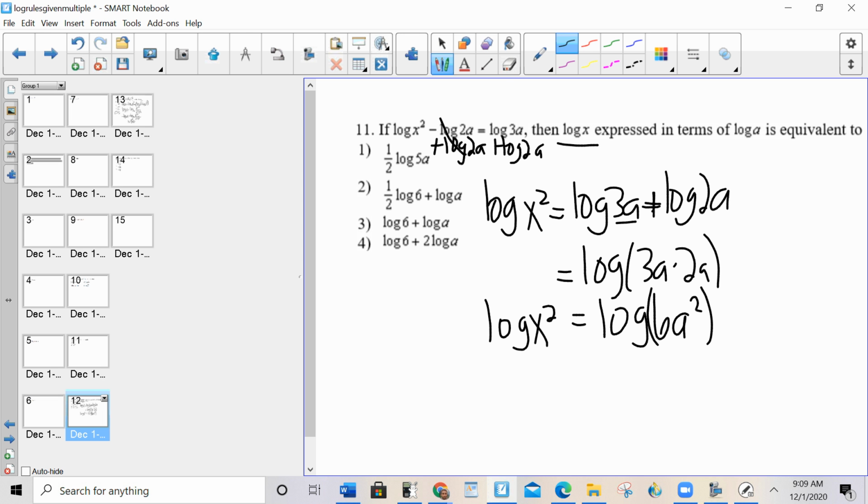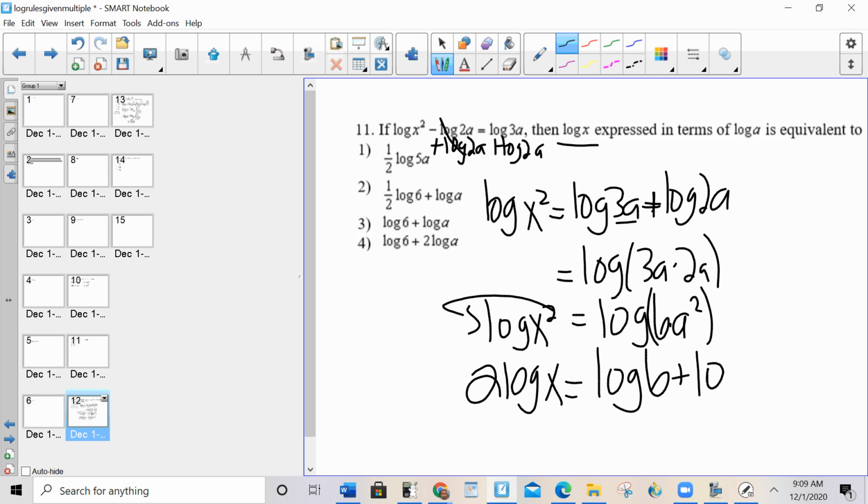Now, I don't want log x squared, I want log x. So now I'm going to have to apply my rules again. On my left-hand side, all I can do is put the 2 in front. On the right-hand side, I ended up with multiplication again. So I need to break that into log 6 plus log a squared.